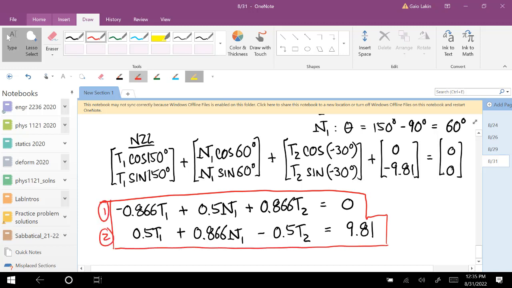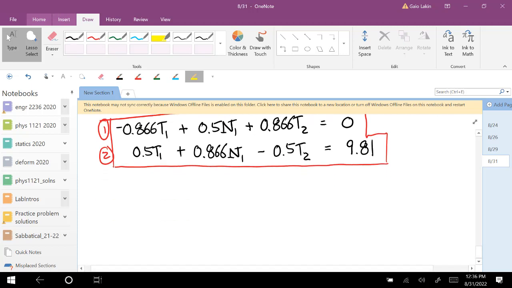There's one, there's two. You can't solve for either of those yet, but we'll just come back to them after we come up with all 6 equations and just make the augmented matrix and solve it that way. Okay? Any questions? Okay, so now let's go to the 3 kilogram cart.